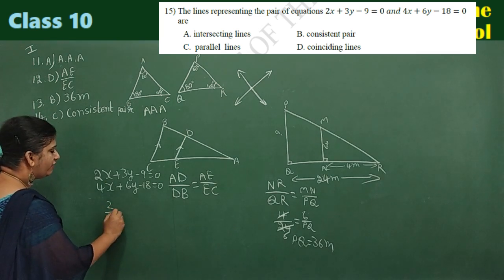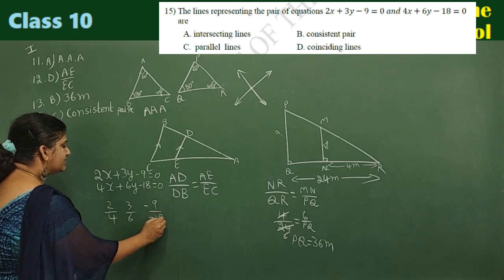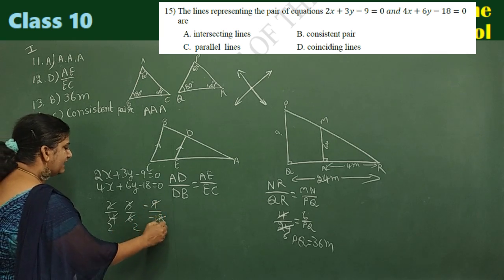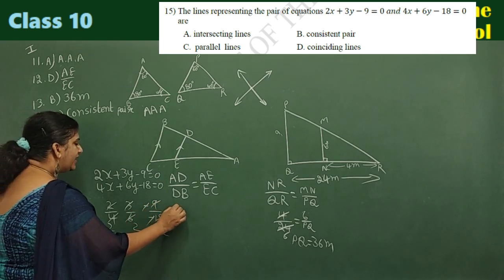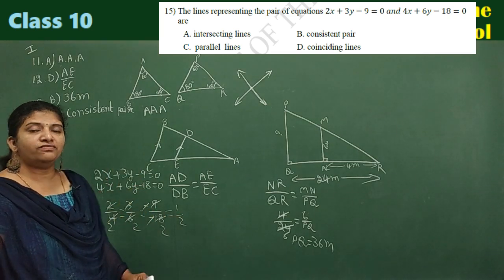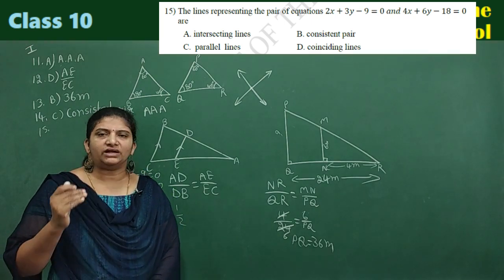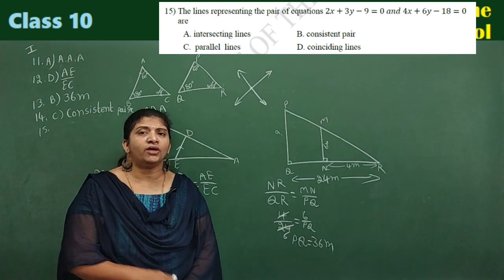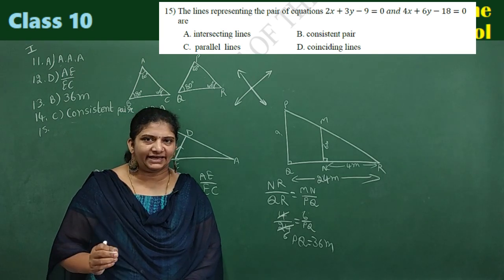That is 2 by 4, 3 by 6, minus 9 by minus 18. 2 2s are 4, 3 2s are 6, 9 2s are 18, minus minus cancel. So all the three ratios are equal to 1 by 2. Yes, if all the three ratios are equal, A1 by A2 is equal to B1 by B2 is equal to C1 by C2, then the lines will be coincident.